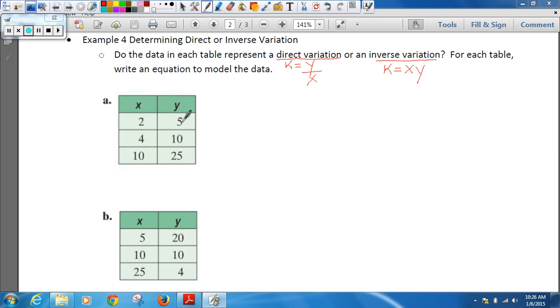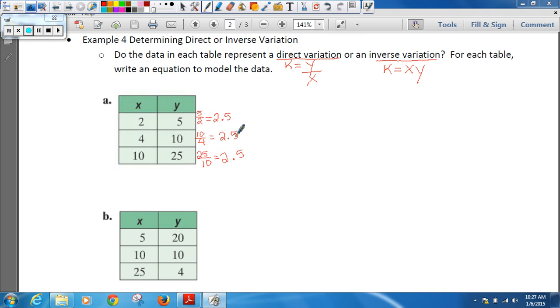Well, if I do the first one, and if I think it's direct, I would do 5 over 2. 5 over 2 gives me 2.5. Then I would do 10 over 4, also gives me 2.5. 25 over 10 also gives me 2.5.